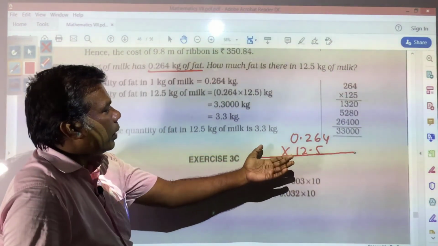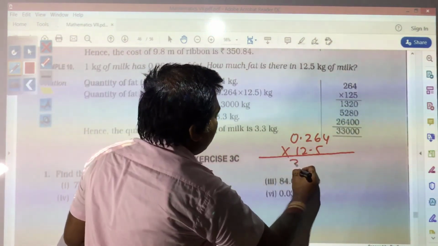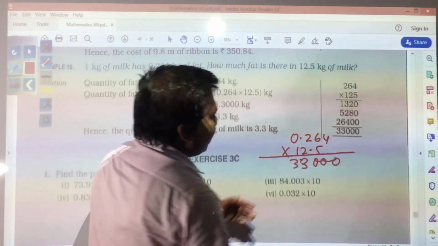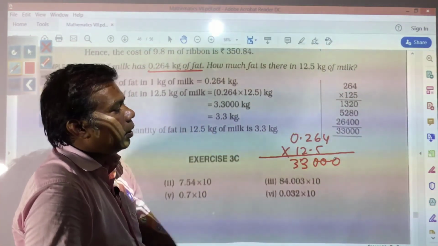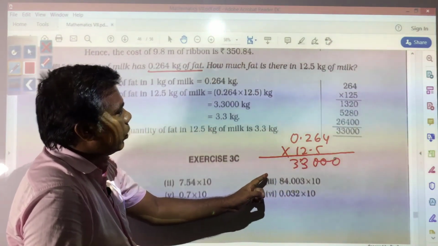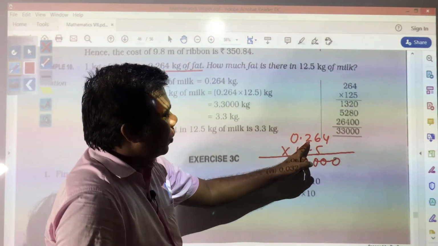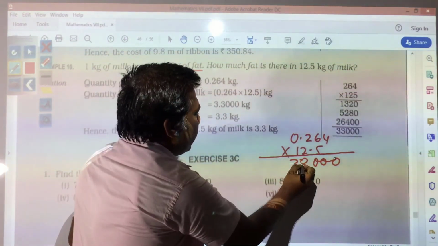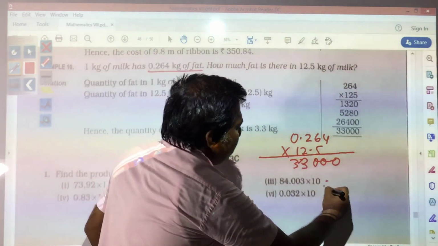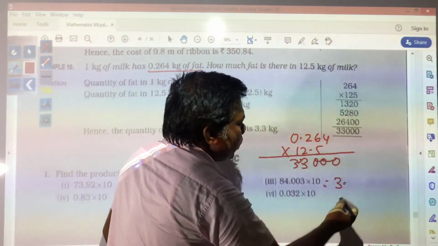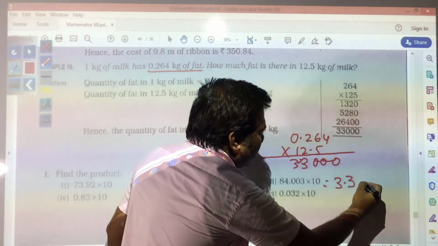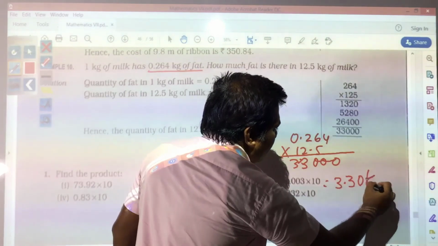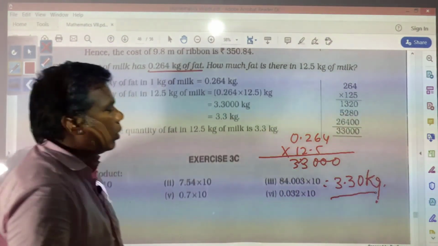Without the decimal you multiply this number. Suppose you have got 3.33000 after multiplication without the decimal. So, the decimal point is required to be put. So, where will we put it? After the decimal you count 1, 2, 3, 4. So, here we will put it. So, this will be 3.30, or simply 3 also can be written, 3.30 kg or simply 3.3 kg also can be written, and this will be your answer.